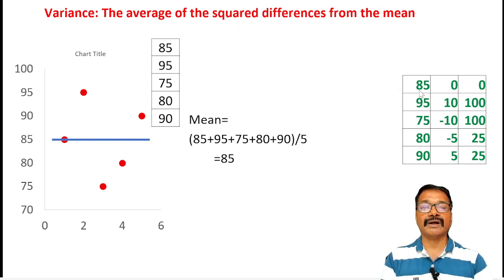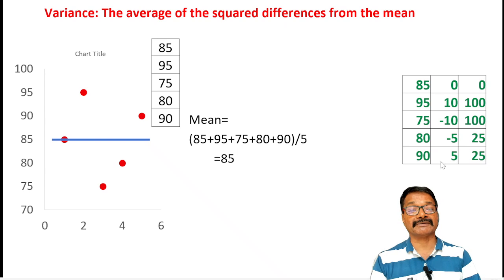I got 85 as the mean, so from each mark the mean will be subtracted. 85 minus 85 will be 0. 95 minus 85, that is the mean, will be 10. 75 minus 85 will be minus 10. 80 minus 85 will be minus 5, and 90 minus 85 will be plus 5.